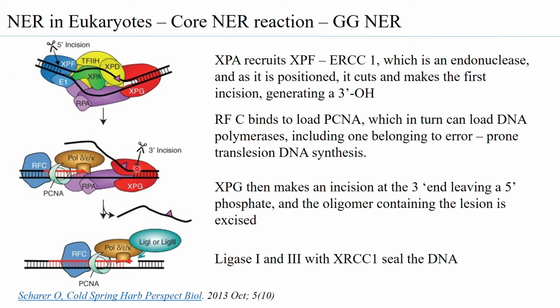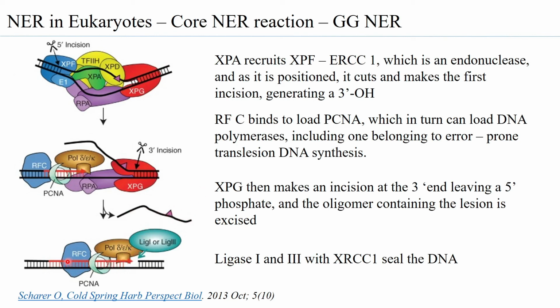That will leave a 5' phosphate over here, which is again strategic, because once the DNA polymerase synthesizes the entire thing, the DNA ligase only has to seal it by attaching the 3' OH to the 5' phosphate by a phosphodiester linkage. So that sealing of the DNA happens immediately after the oligonucleotide containing the DNA lesion has been removed.